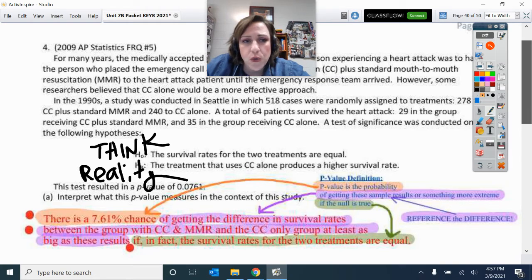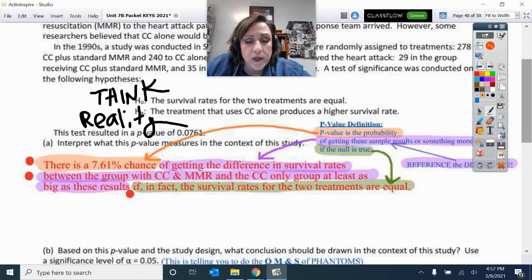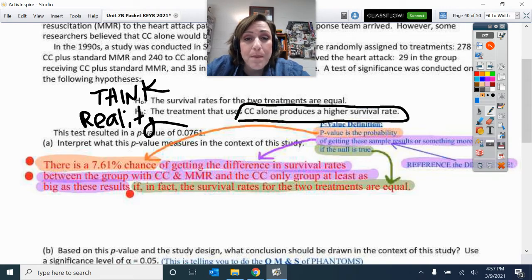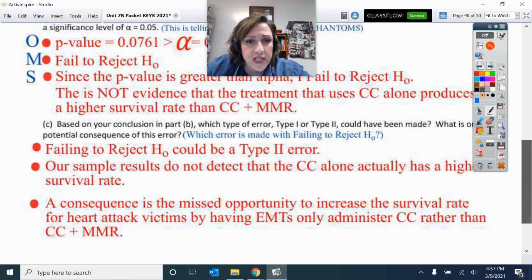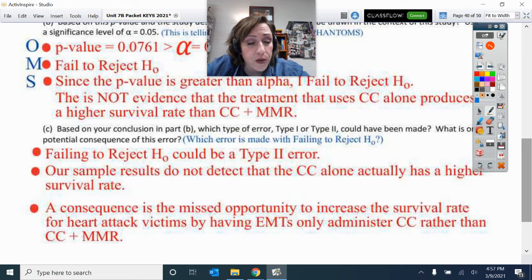The truth is that CC alone is creating a higher survival rate, but we failed to detect that. So we think the survival rates are equal when actually CC alone is going to be an improvement. So there we go. Failed to reject would be a type 2 error.